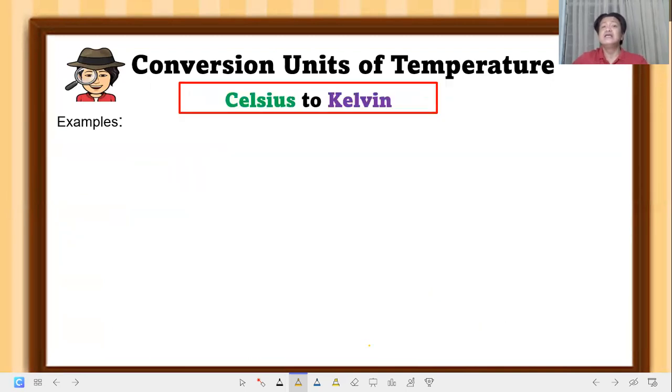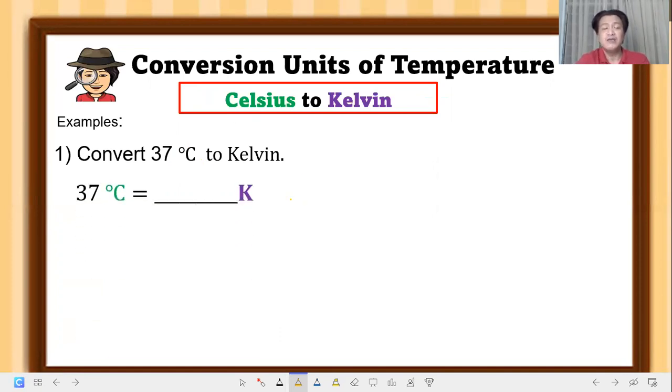Okay, let's have Celsius to Kelvin naman siya. Okay, convert natin yung number 1 given 37 degrees Celsius to Kelvin. Okay, remember the formula. So, i-rewrite lang muna natin yung given, meaning to say, the formula is simply, i-add lang natin yung 273. Okay, take note, no? Sa iba, nilalagay po yung 0.15. Okay, but we have to round off na lang na whole number.